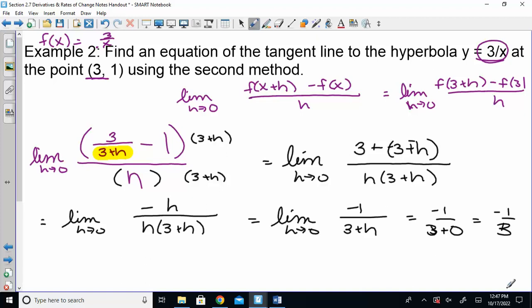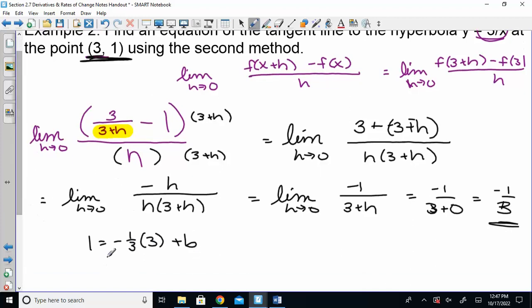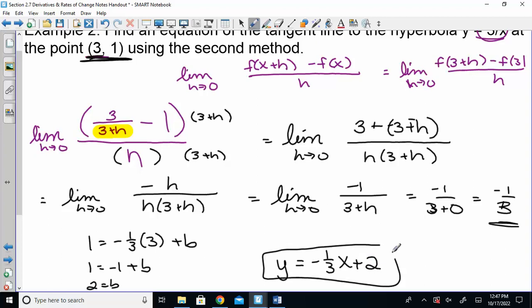So if I want the equation of the tangent line, I have to take my point and my slope and plug into y equals mx plus b. So we get y equals negative 1/3 x plus 2.